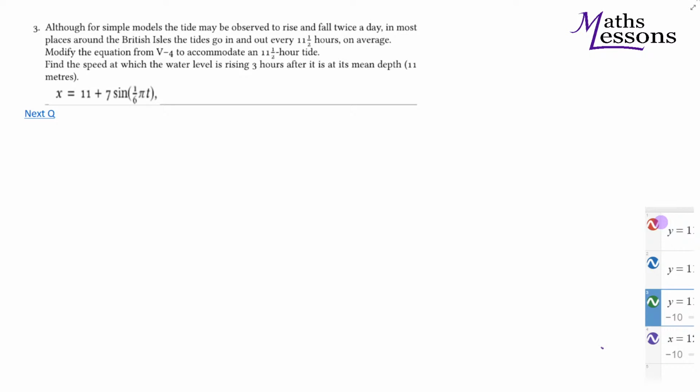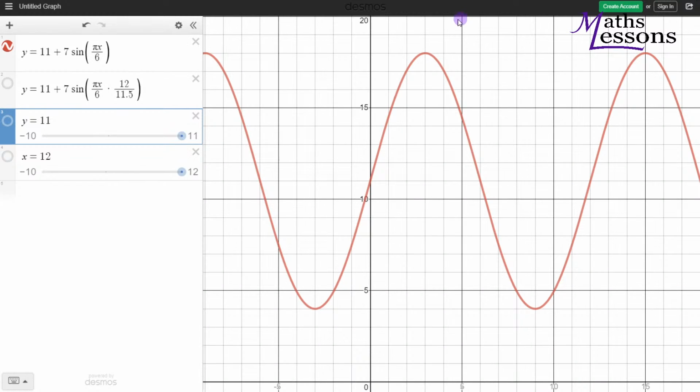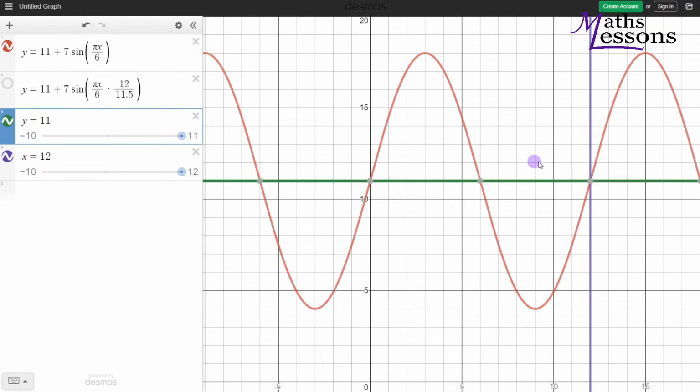Right. You may not have finished that because it depends on how well you know your transformation of graphs. Let's just have a look at the graphs involved in this. So this is our original graph, the red one. That's 11 plus sine pi t over 6. And we can see that its wavelength is 12 hours long.